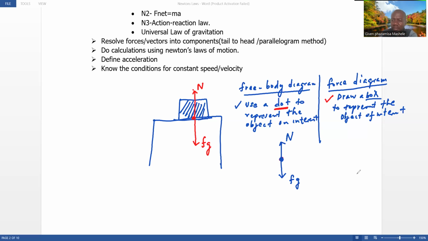But in a force diagram, we do not use a dot. We draw the picture of an object. We use a box, actually, I apologize. And within the box, we also indicate all the forces that are actually acting there.